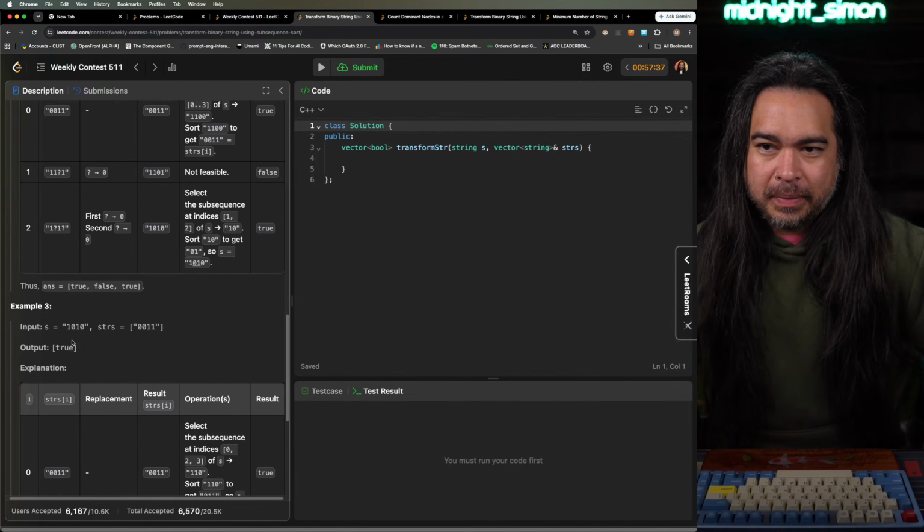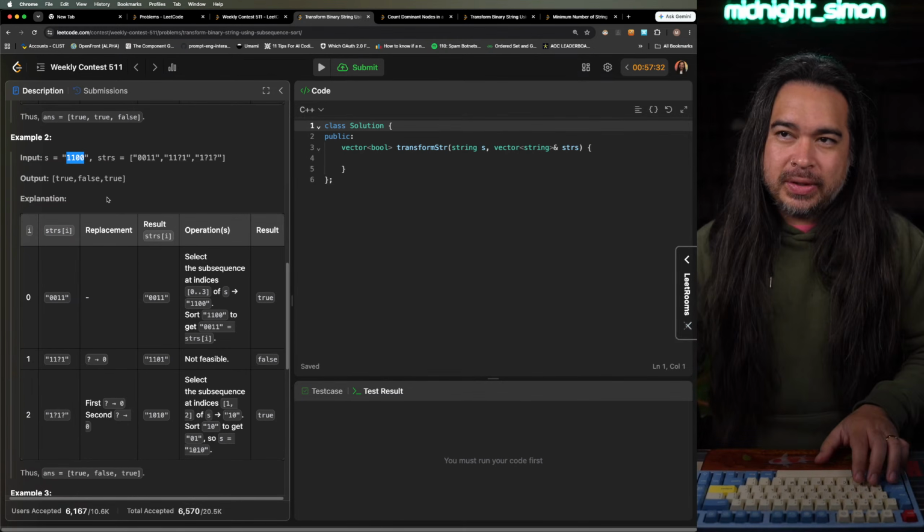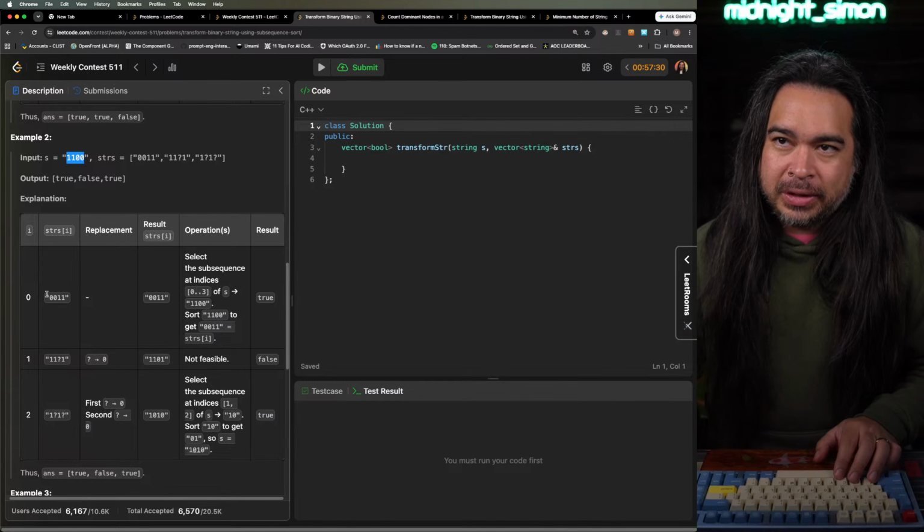Let me look at, let's say, example 2. So the original string is this. The first one they say true. So you select everything and sort the whole thing so it becomes true.